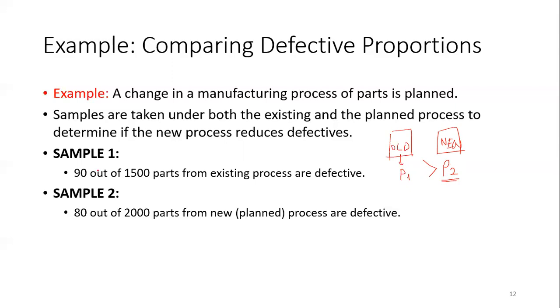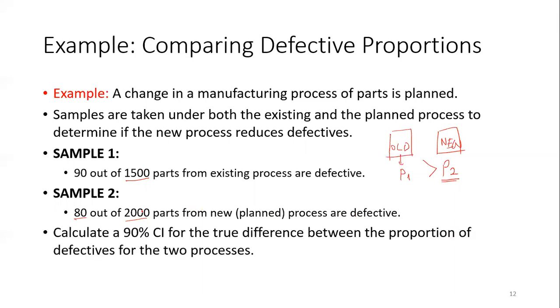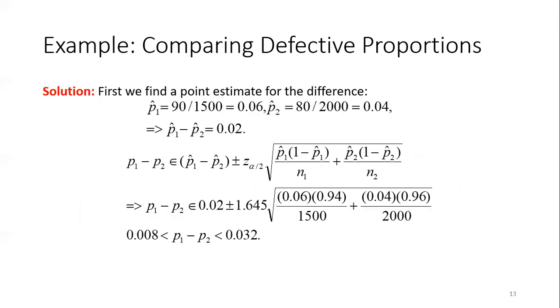So 90 out of 1,500 parts and 80 out of 4,000 parts from the existing and new processes are defective. These are your samples from the first and the second processes. Just calculate a 90% confidence interval for the real difference between the proportions of defectives for the two processes. P1 hat is 90 divided by 1,500, which is equal to 0.06.